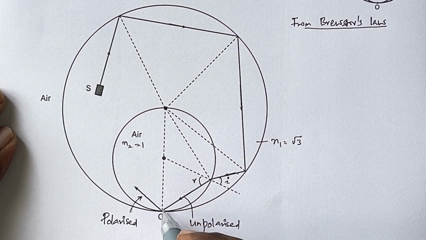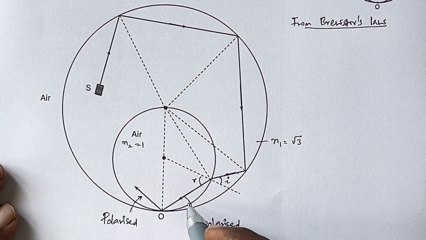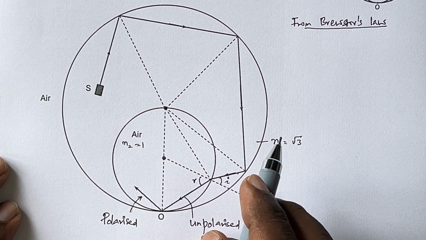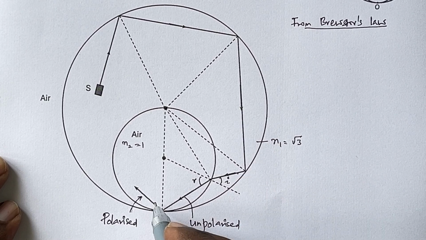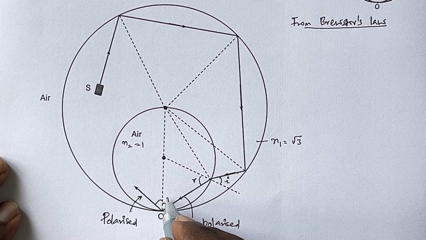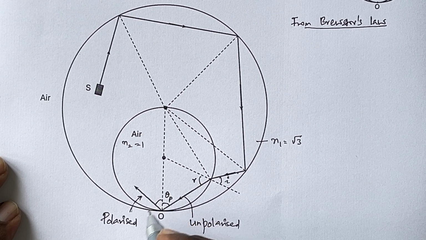Like this, I started my construction of the path of the light ray from O. Here, due to refraction, the Brewster light being polarized, this reflection, what is the law of reflection? Angle of incidence is equal to angle of reflection. So these two angles are equal. These angles are equal to theta p, meaning polarizing angle. Right.